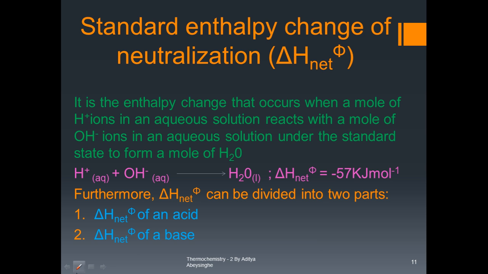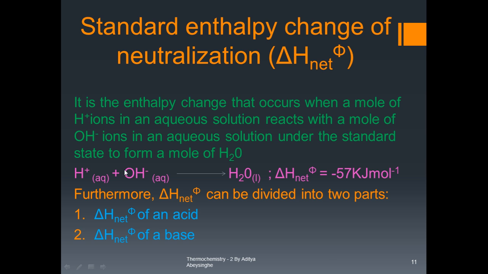And what's interesting here is that you can divide the standard enthalpy of neutralization that you define for a general reaction like this into that of an acid and that of a base. In general, we define the standard enthalpy change of neutralization for a particular reaction as the enthalpy change that occurs when a mole of H plus ions, so you know that the coefficient here is 1, in an aqueous solution, so it should be in the aq state, reacts with a mole of OH minus ions.